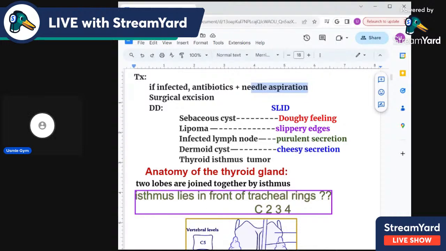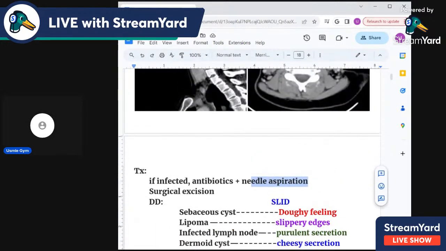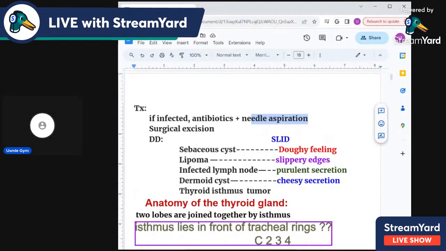Okay, we were on the treatment, and the treatment is needle aspiration and surgical excision. So what's the differential diagnosis of the thyroglossal cyst? The mnemonic is SLID: sebaceous cyst, lipoma, infected lymph node, and dermoid cyst.